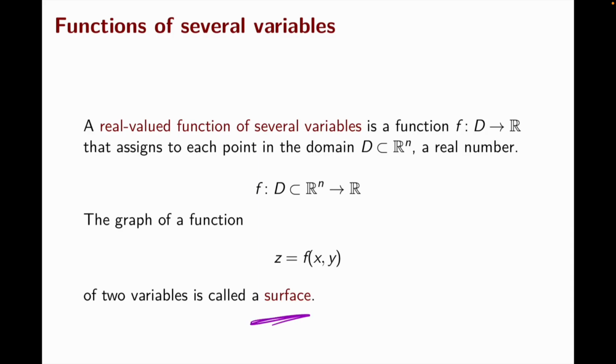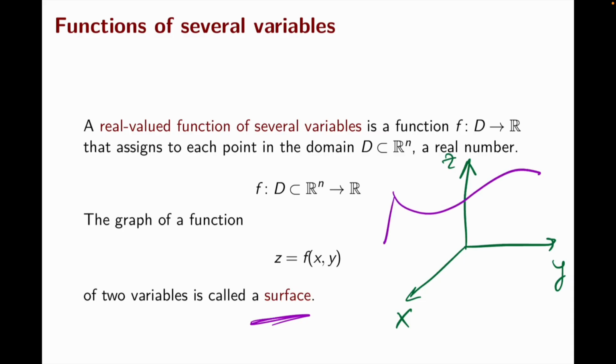So in general, having the same system that we have before with x, y, and z, when we draw all the points, our function is going to look like some kind of surface like this, something like that.